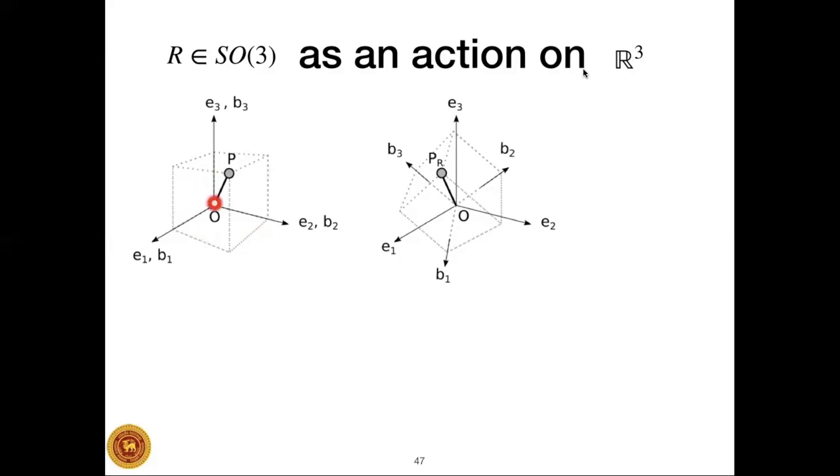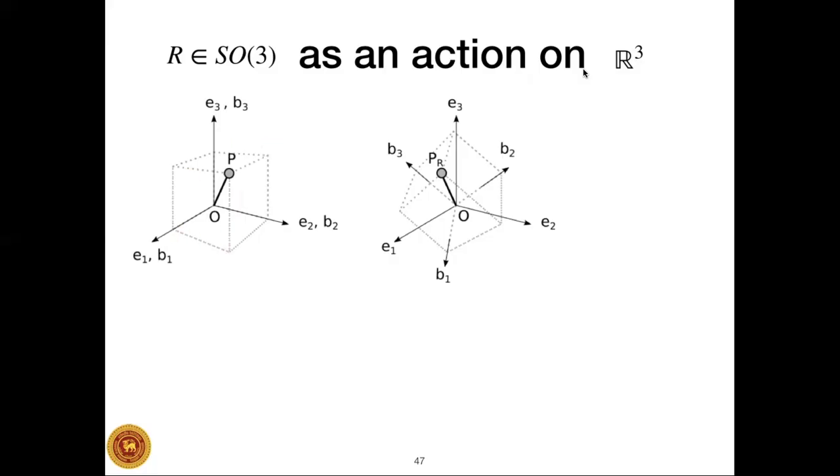These edges align along these axes, and this vertex is at this point. We fix a frame B to the box, so that the B3 axis is along this edge, the B1 axis is along that edge, and the B2 axis is along this edge. So initially the E and the B frames coincide.